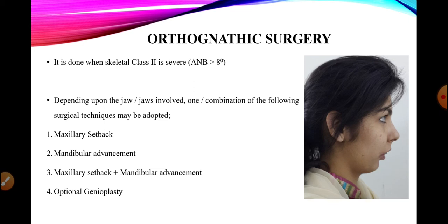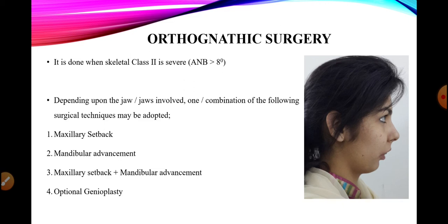Now, depending upon which jaw is involved, for example, if it is because of maxillary prognathism, then the surgery will be aiming at the maxilla. If it is because of mandibular retrognathism, then the surgery will be aiming at the mandible, or in case of a combination, we'll be going for the jaw surgery that is respective of that.